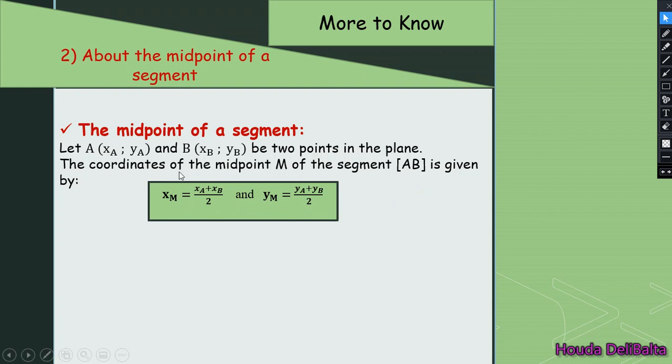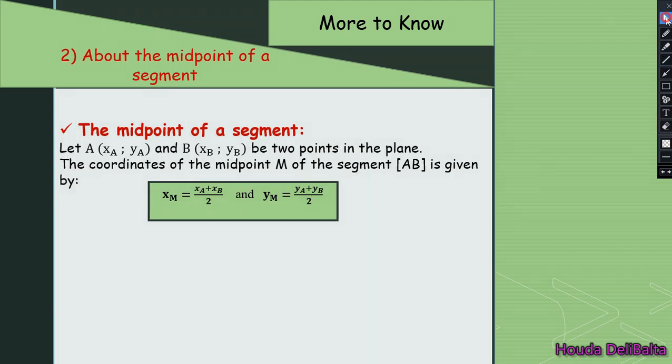Remember, M is the midpoint of the segment AB. So, X of M is equal to XA plus XB over 2, and Y of M is equal to YA plus YB over 2.